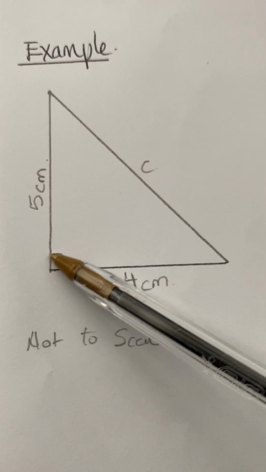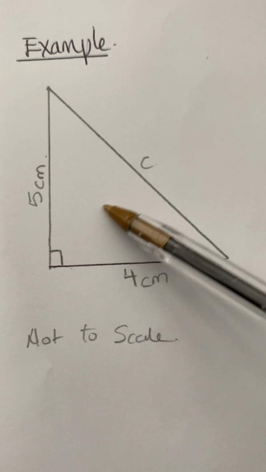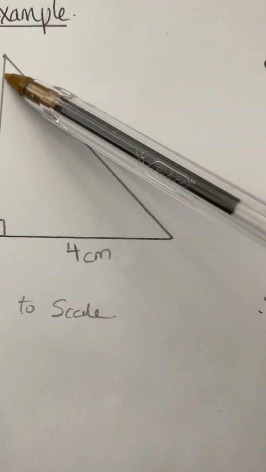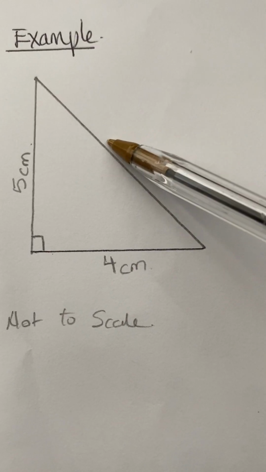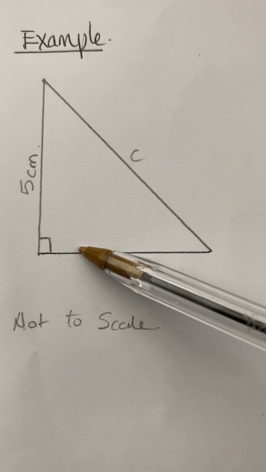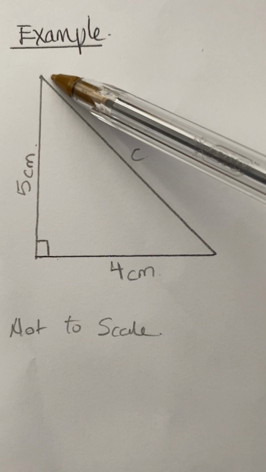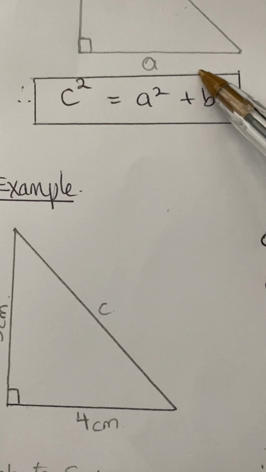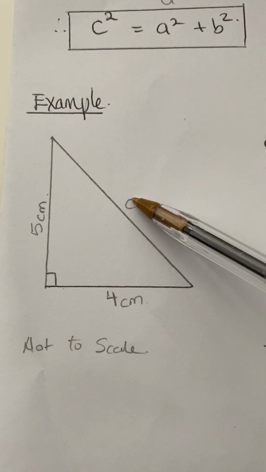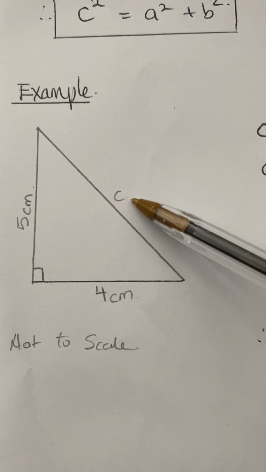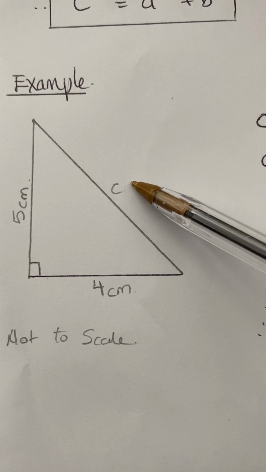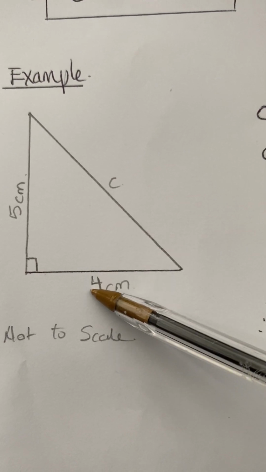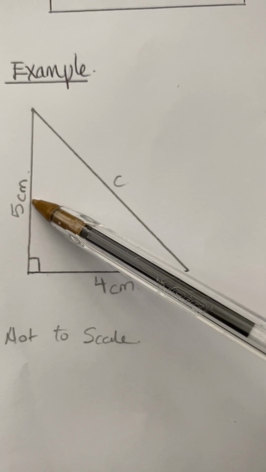The right angle is opposite this side C, and it's not to scale, and we are going to find C because they've given us A and B. If you apply Pythagoras theorem, C squared will be equal to 4 squared plus 5 squared.